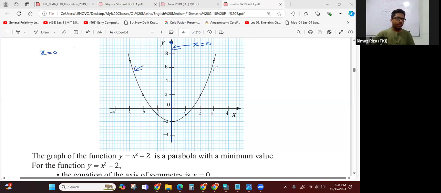So this one's mirror image will be this. Or if you take this as the object, this will be the mirror image, if you keep the mirror here. So that is the axis of symmetry. But if you keep the mirror somewhere like here, you won't get this side as the image.